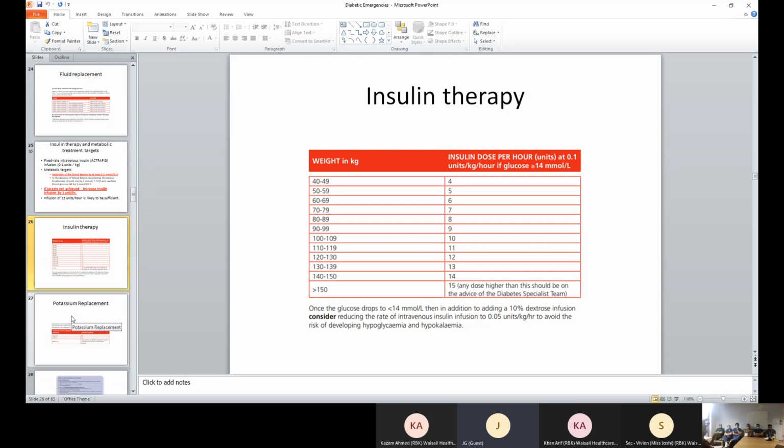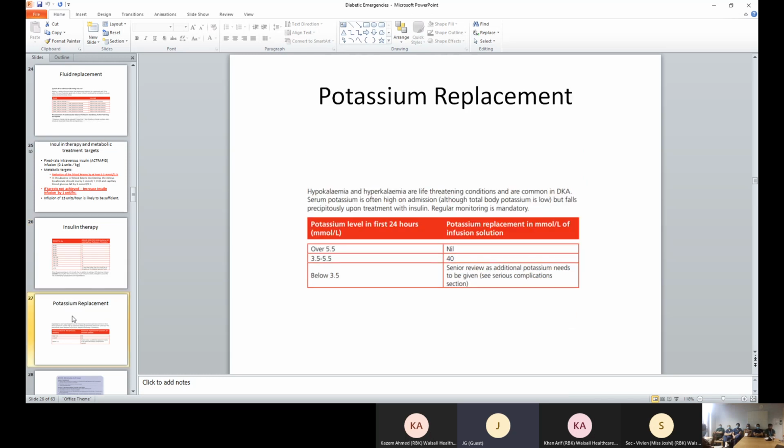So that's step 4, which can be interchanged with the potassium. The first bag has no potassium in it. From the second bag onwards, this is what you look for: we take the potassium, venous or lab, either one is fine. If it is more than 5.5, you don't add any potassium to the second bag.